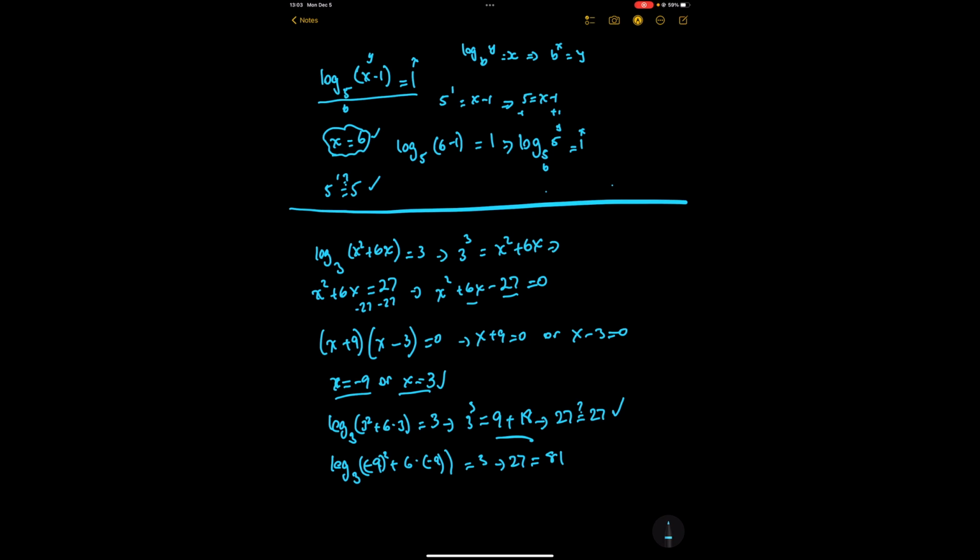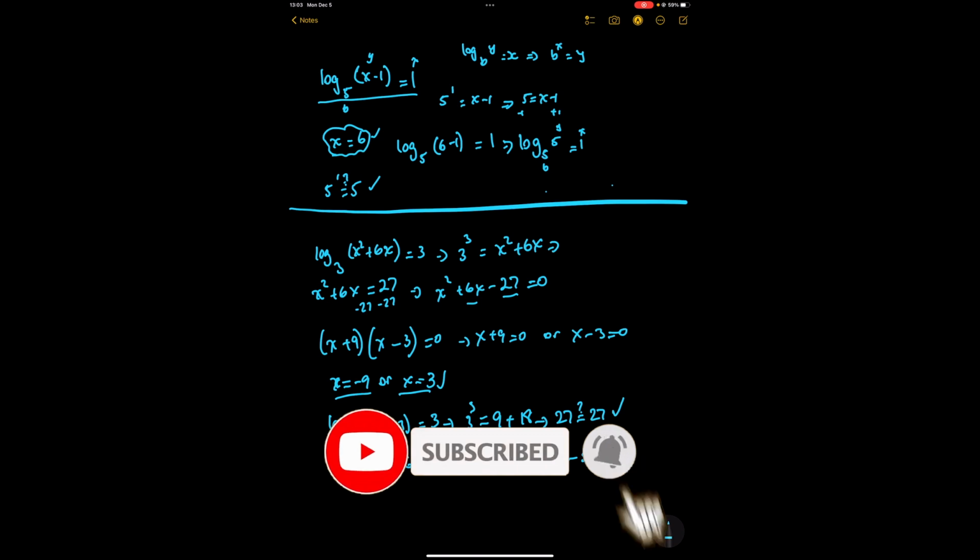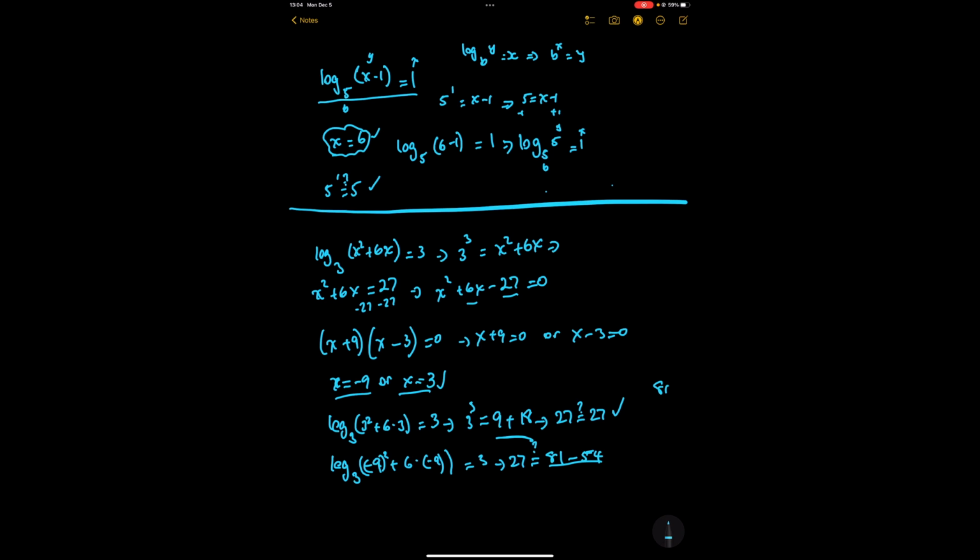What is 6 times negative 9? It's negative 54. Now, does 27 equal that? Well, what is 81 minus 54? It's 27. So yes, 27 does equal 27. That means both of these are correct.